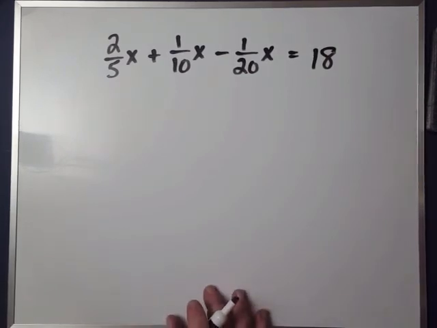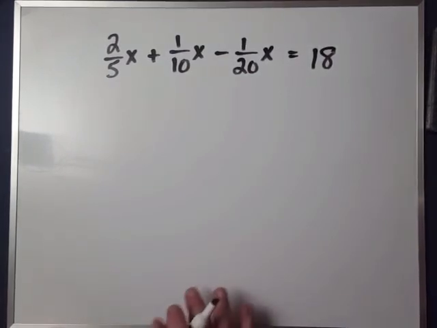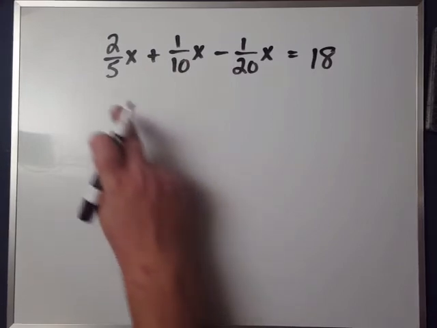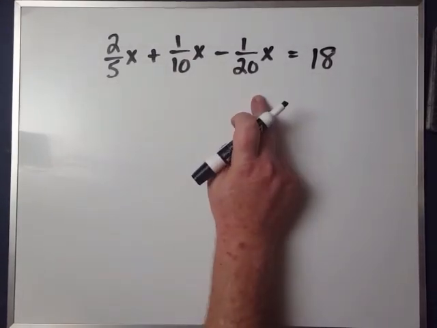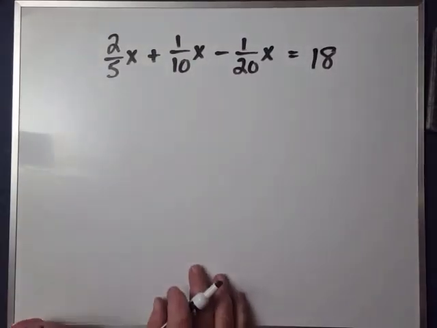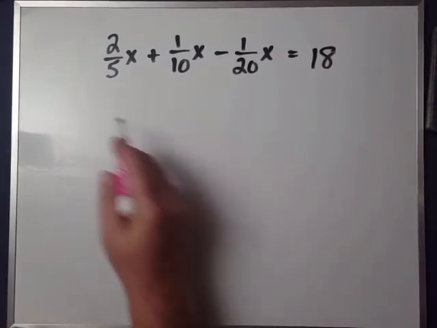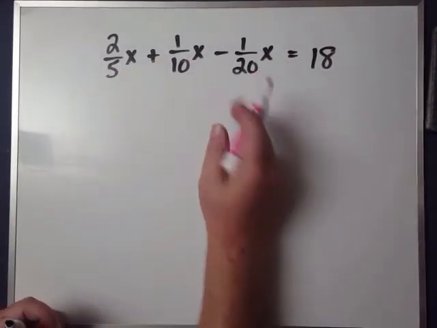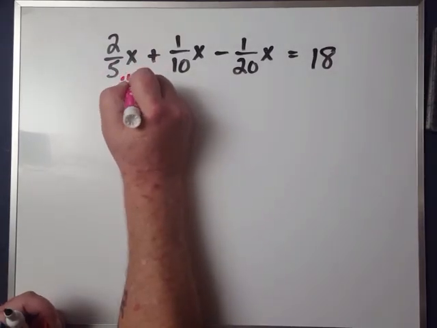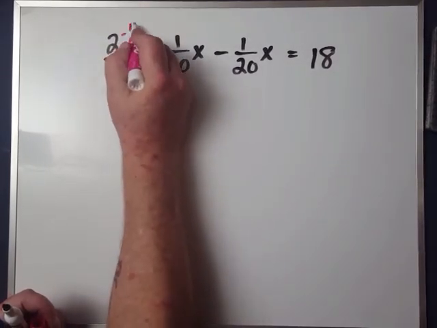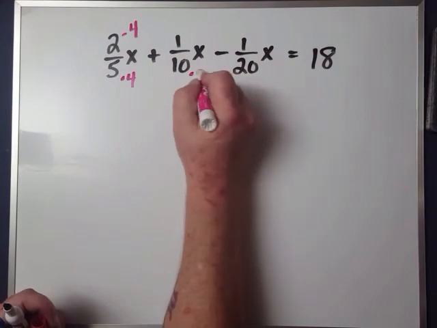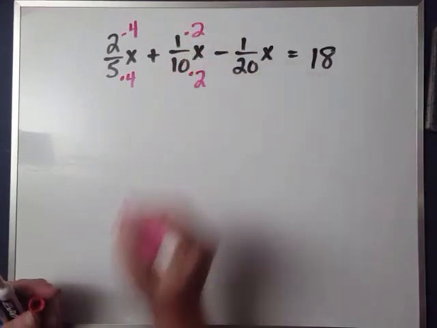But we're going to work it the same way. Exactly the same way. We need to combine like terms here on the left-hand side. But when it comes to fractions, of course, we need a common denominator. Least common denominator for all three of these fractions is 20. So we need a factor of 4, top and bottom. We need a factor of 2 here, top and bottom.